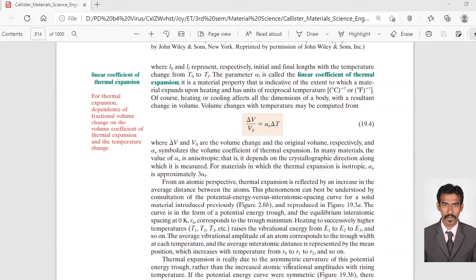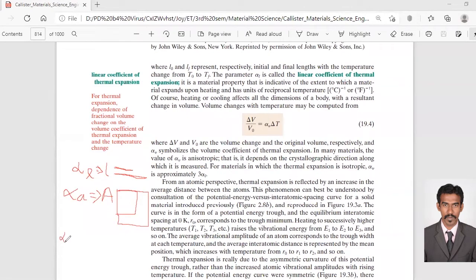When you see alpha L, that is the linear coefficient, which indicates the change between initial length and final length. If you have alpha A, that is the area coefficient, which gives an idea of the initial area and the final area when you heat it.